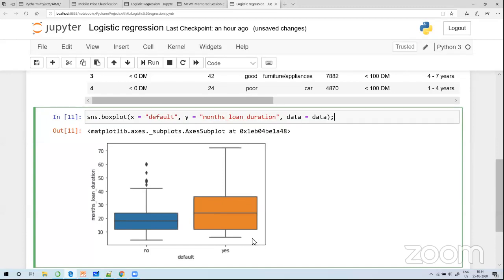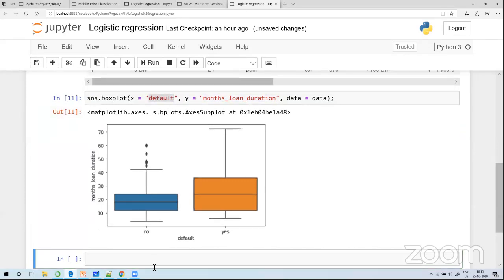When customers are defaulting, this is the duration for customers who are defaulting, and the median duration is just a little about 25. So customers who are not defaulting, their duration is typically less. Customers who are defaulting, yes, their duration is typically more. So that tells us, yes, there is a relationship between the loan months duration and whether they are going to default or not.